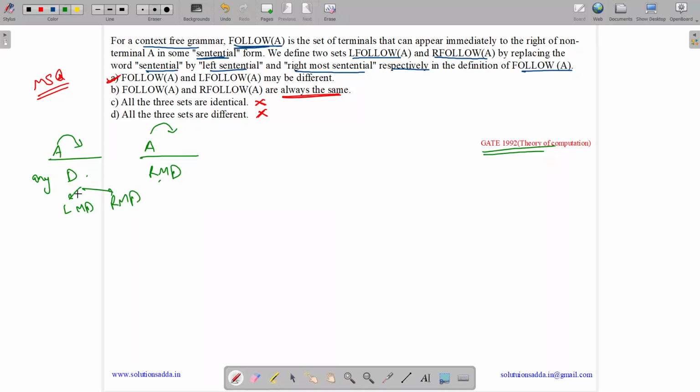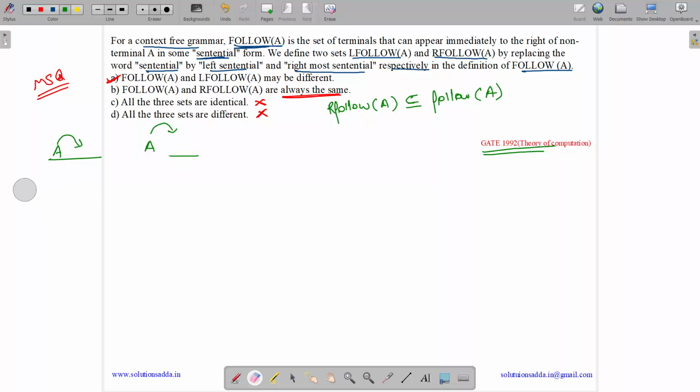Thus the rightmost derivation is also a derivation. So we can say that R follow of A is a subset of follow of A, as rightmost derivation is also a derivation.